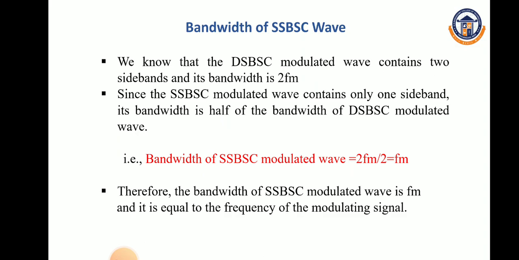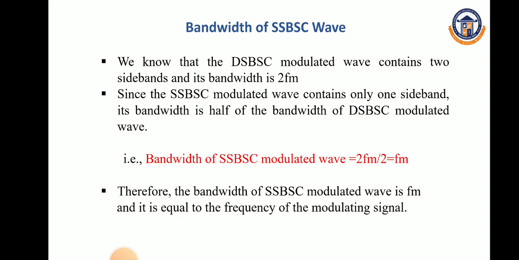For the bandwidth of the SSB-SC wave, we know that the DSB-SC modulated wave contains two sidebands and its bandwidth is 2fm. Whereas the single sideband suppressed carrier modulated wave contains only one sideband, so its bandwidth is half of the bandwidth of the double sideband suppressed carrier modulated wave.